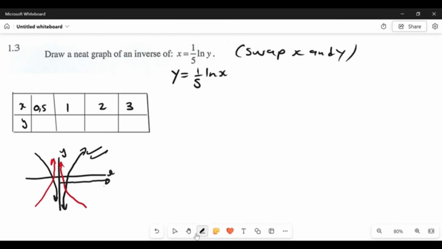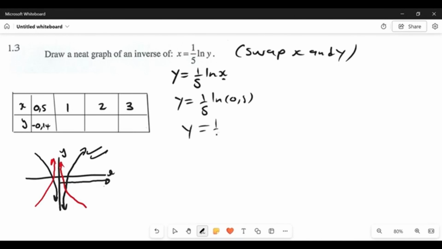So from here, what you do is we're going to start substituting these x values to this part here of the equation. So let's start. So when x is 0.5, what is our y? Now, if you put this on your calculator, you'll have negative 0.14 approximately, right? And then we go to the next point.